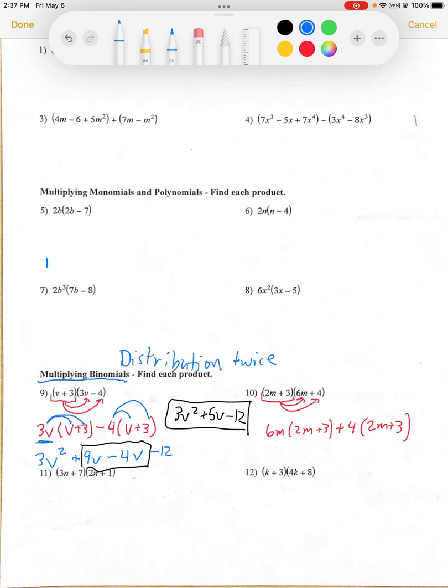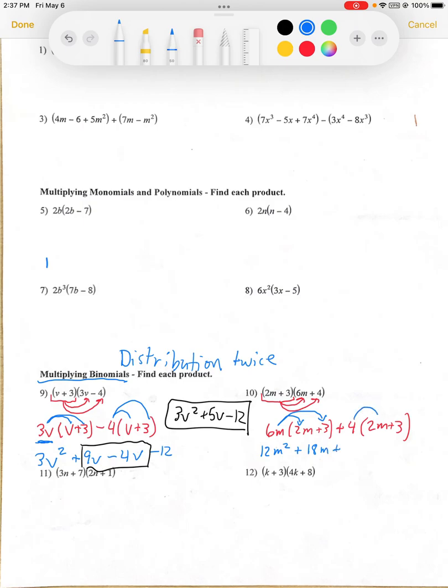From here, we just go ahead and do our distribution twice. Multiply in. 6 times 2 will be 12. M times m becomes m squared, plus 6m times 3. 6 times 3 is 18, and then the m comes along for the ride.